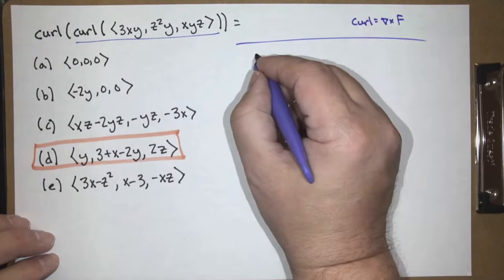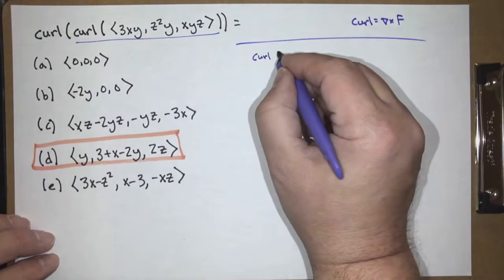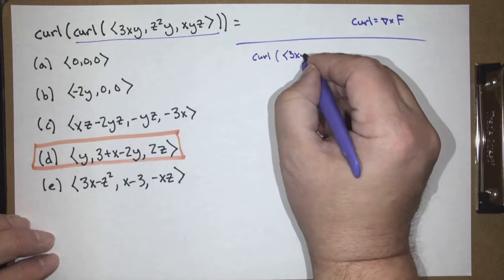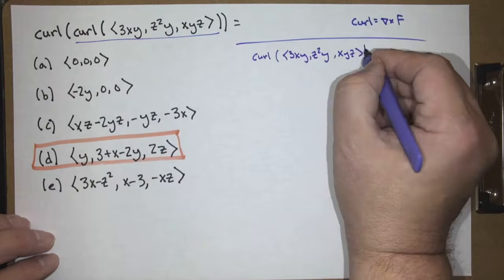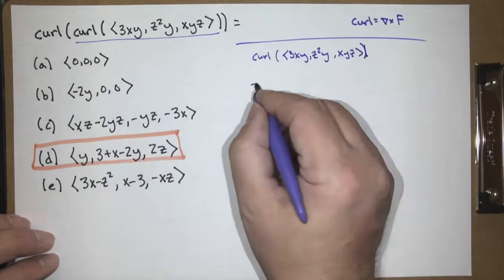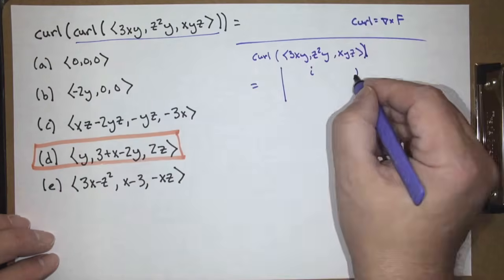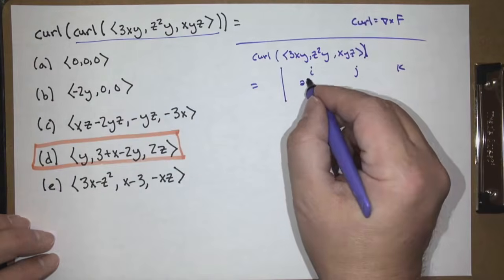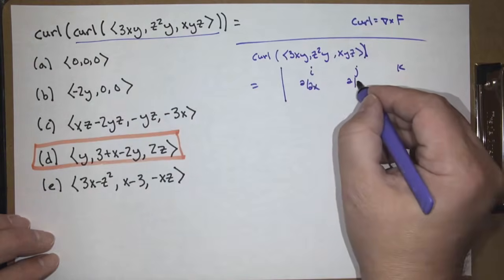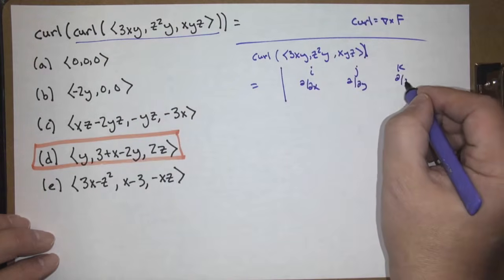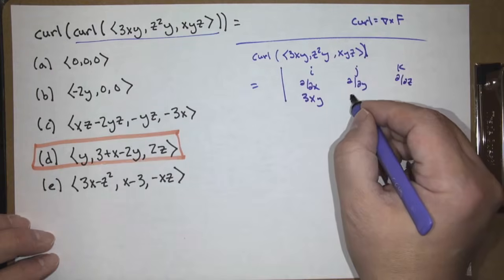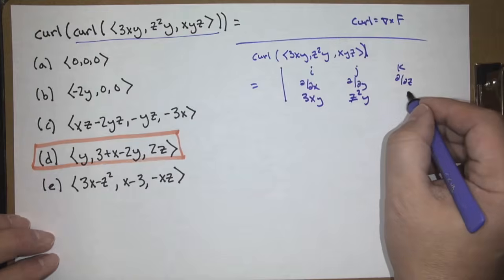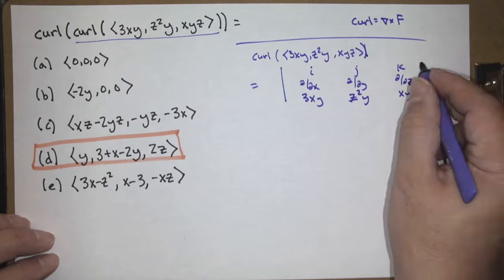So we'll do a little side note. We'll take the curl of (3xy, z squared y, xyz). All right, set up our 3 by 3 determinant, i, j, k. Give yourself plenty of space because the functions might be a little bit lengthy to write down. Then 3xy, z squared y, xyz.